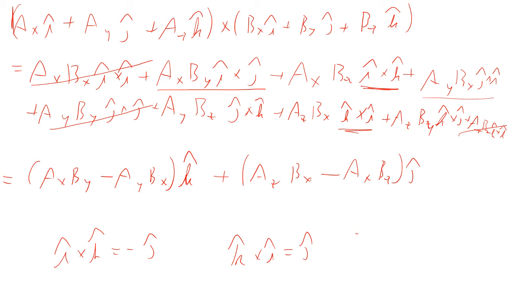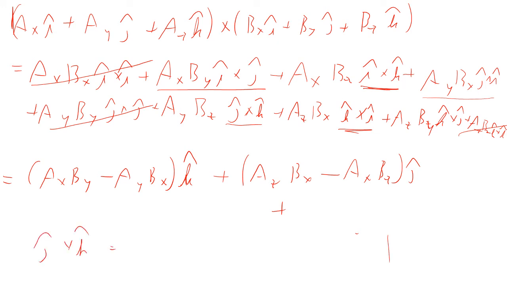Now we have one left, and we still have J and K. J cross K: J is in the Y direction.